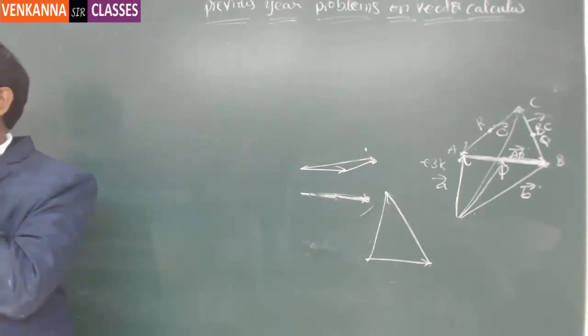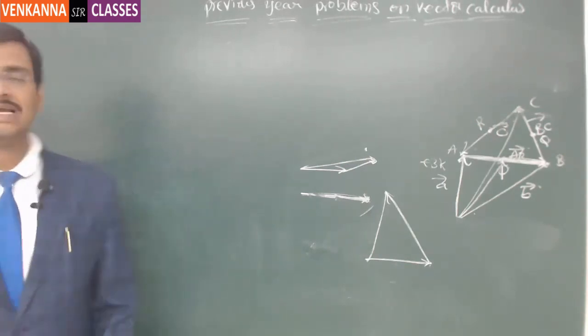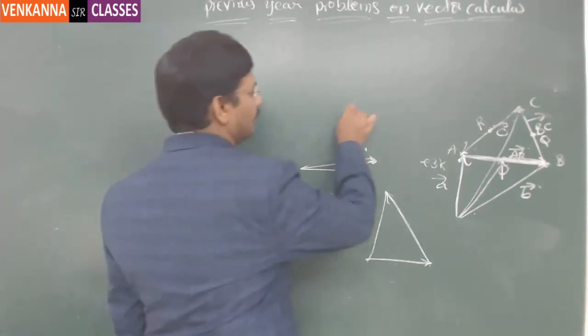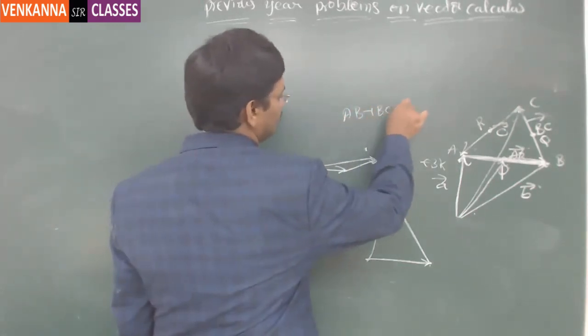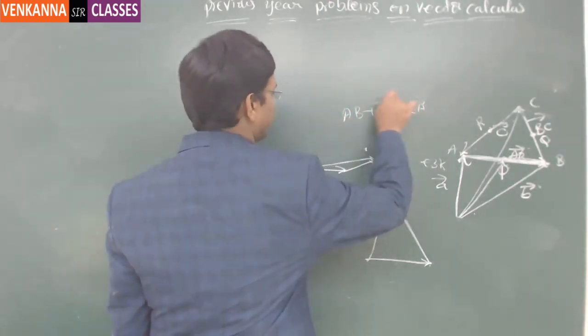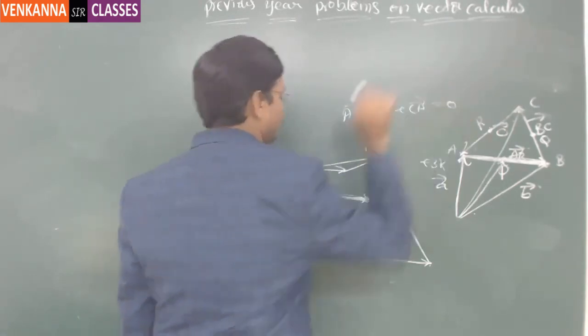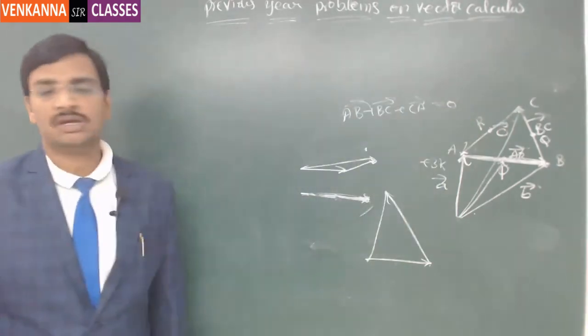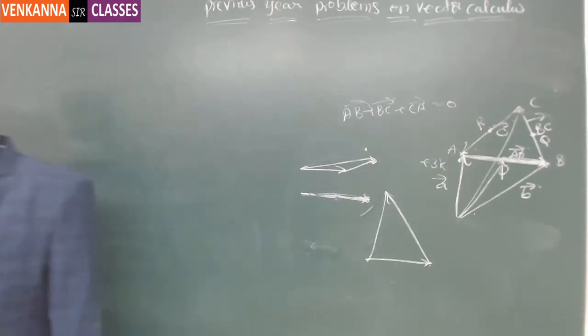As long as it satisfies the triangular law of vector addition, that is AB plus BC plus CA is equal to 0, then we say it is a triangle. Got it? But a triangle with 0 area can also be possible. I think we don't need to do that.